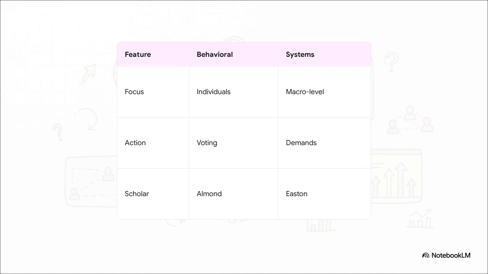This zooms all the way into the individual, using surveys and statistics to figure out how regular people actually form opinions and vote. On the other hand, you have David Easton's systems approach, which zooms all the way out. Rather than studying isolated voters, the systems approach looks at the macro level. It examines how the government as a whole digests those individual actions to maintain stability. It's kind of like the difference between using a microscope and a telescope.